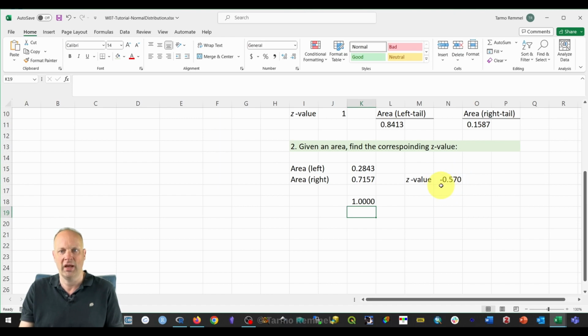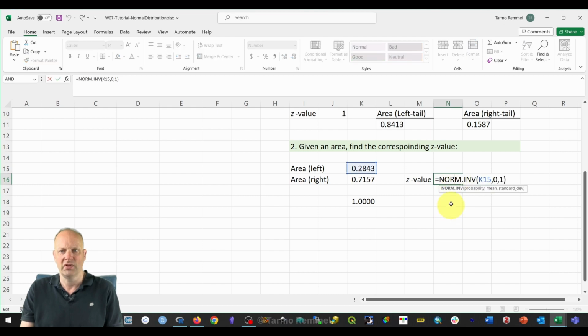Here it happens at a z value of negative 0.5, so it's half a standard deviation less than the mean, or almost 0.6 standard deviations less than the mean. You can see that with norm.inverse, all we're doing is specifying the area. We have the mean and the standard deviation, 0 and 1 for a standard normal distribution.